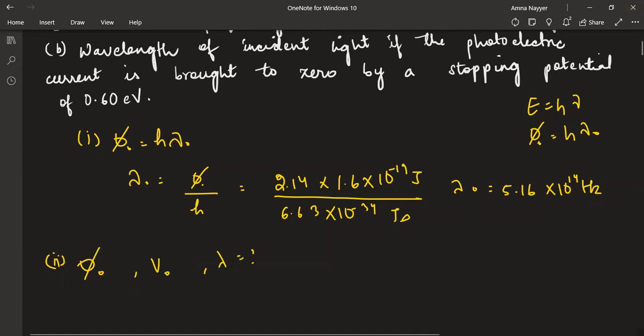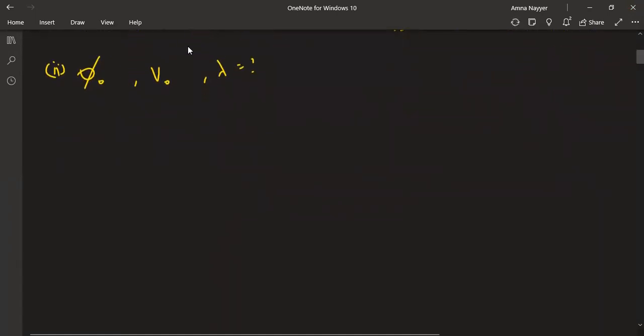So see class, you can get the wavelength from E is equal to hc by lambda. If you use the value of energy, and if you have V naught, it's not smart to use half mv square. It's better to use eV naught, because V naught is given, for kinetic energy.